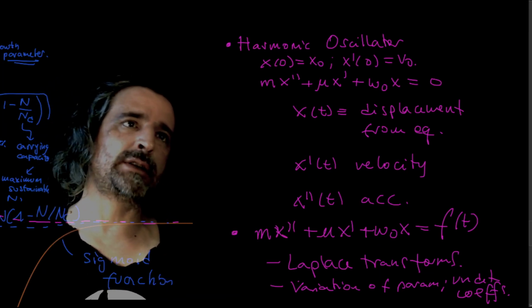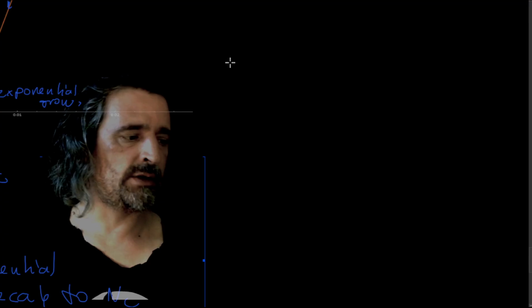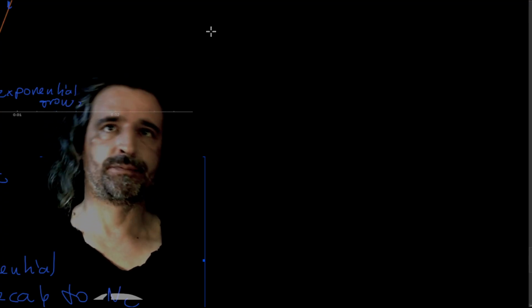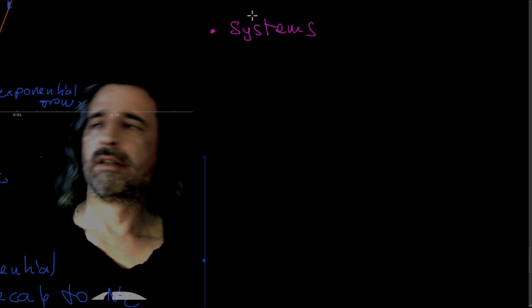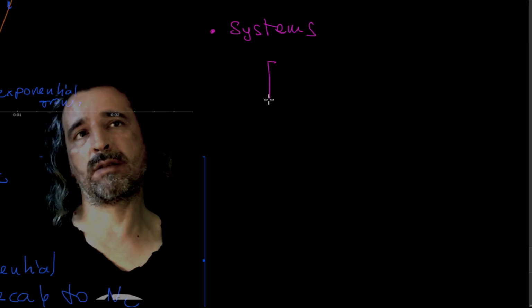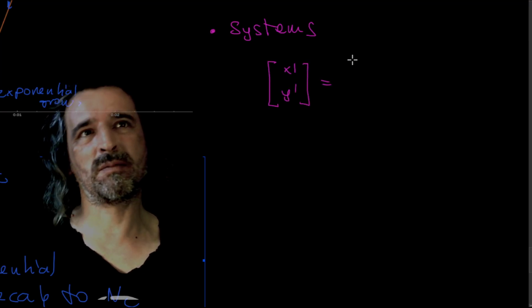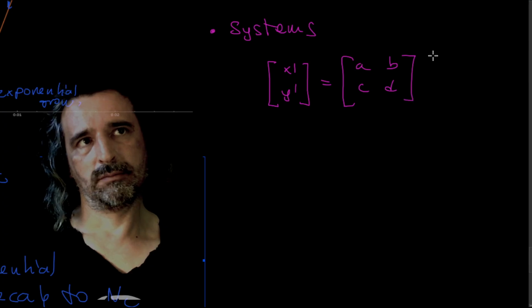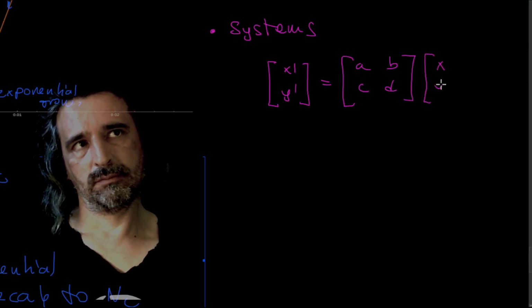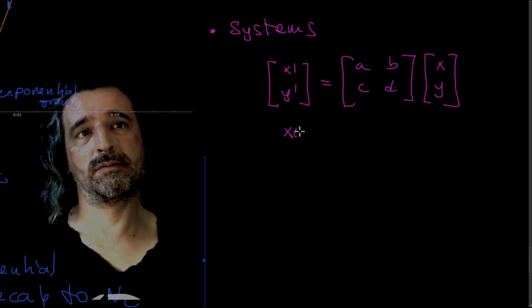Finally, the other one that is going to be very important for you is systems of linear equations. This would be systems like this, particularly the first order 2x2 system, with initial conditions.